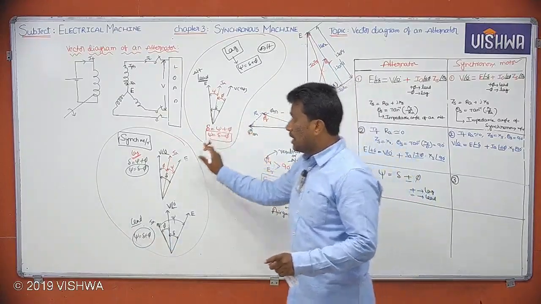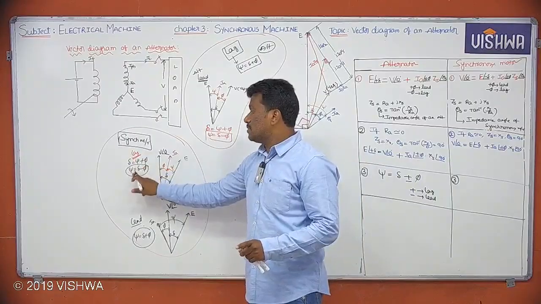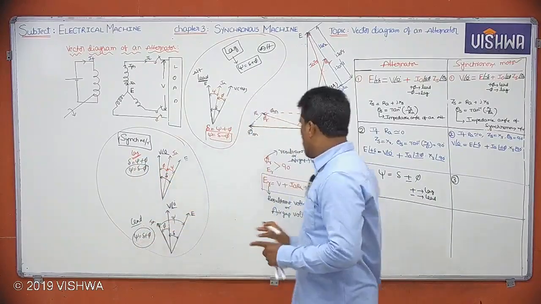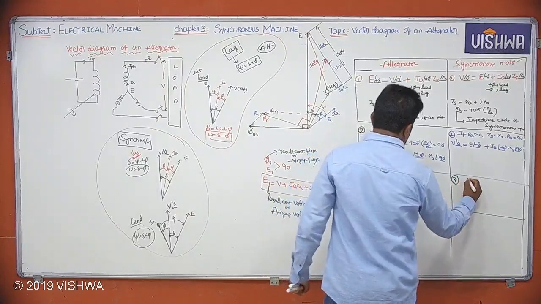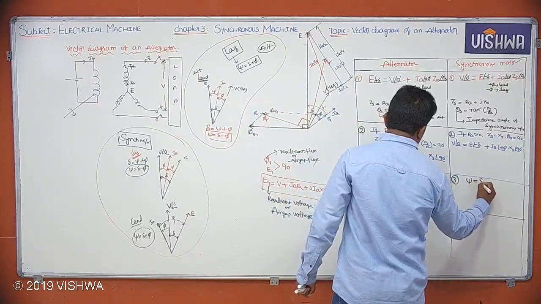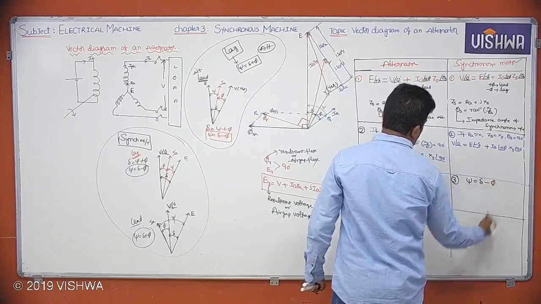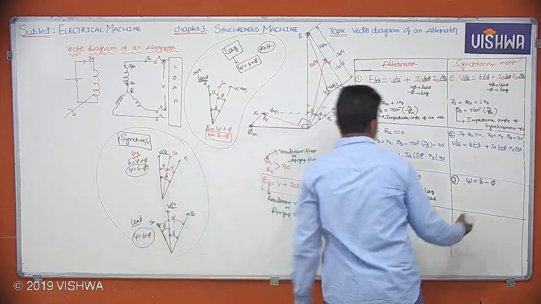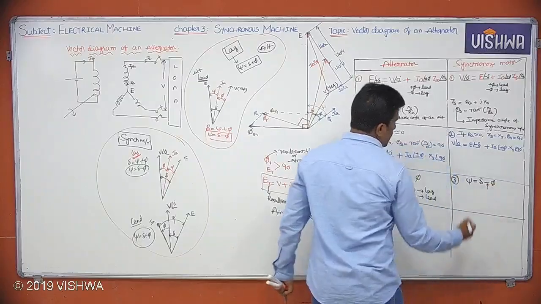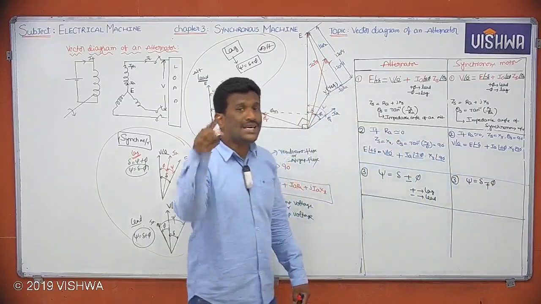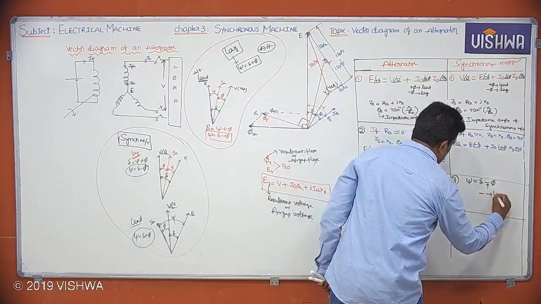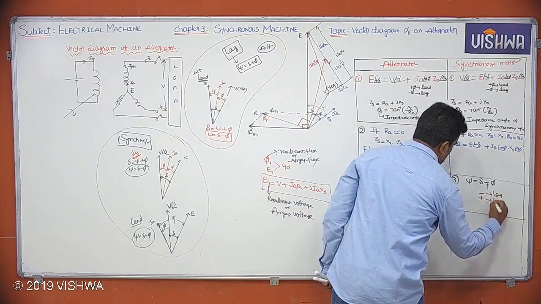For synchronous motor, lag loads means psi equals delta minus pi. Lead loads means psi equals delta plus pi. So psi equals delta minus or plus pi, where minus is for lag, plus is for lead.